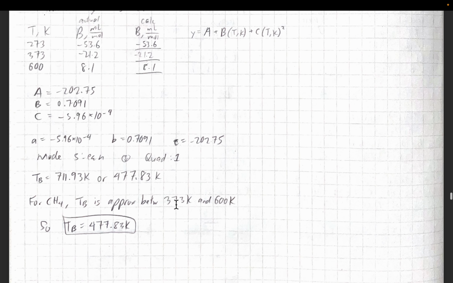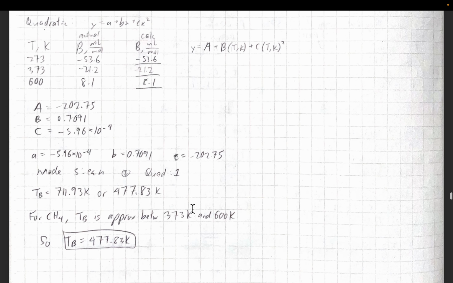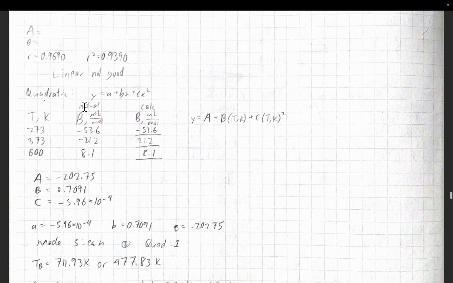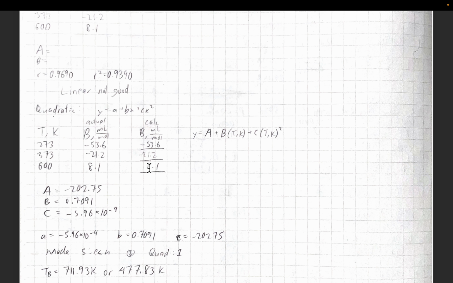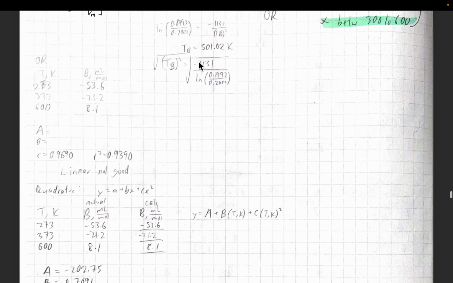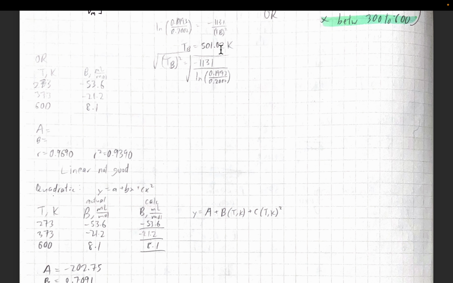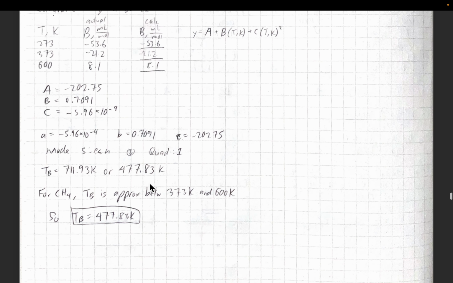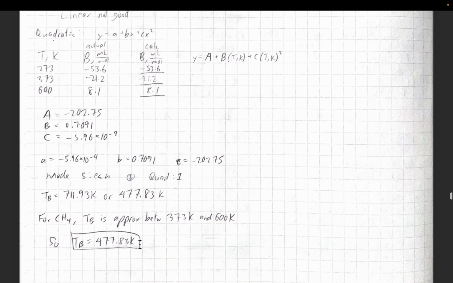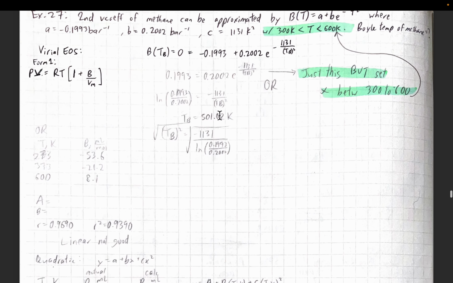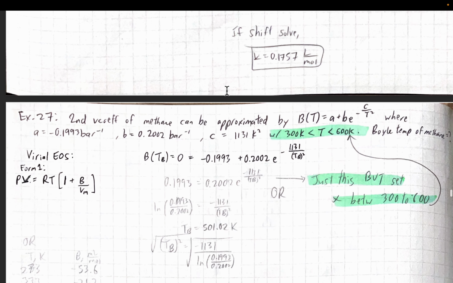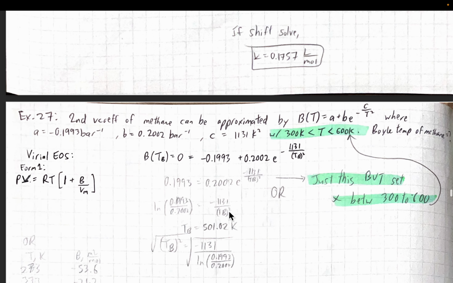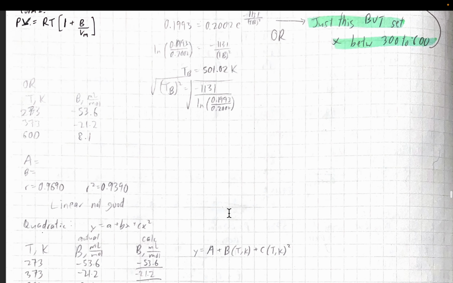So as you can see, it technically is between 373 and 600, where you see here, that's where the second virial coefficient became from negative to positive. So notice how they are quite far from each other, 501 and 477. As I said, this is an estimation only. But technically 501 still falls between 373 and 600. And since we're given a function, again, this is more accurate. So, yeah. Next.